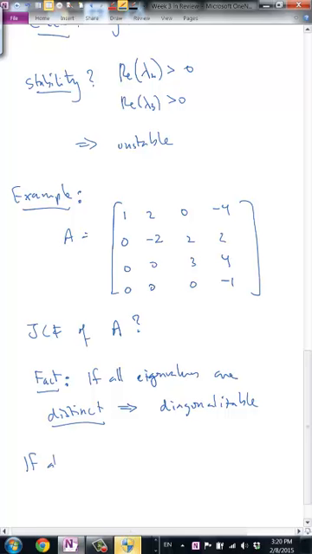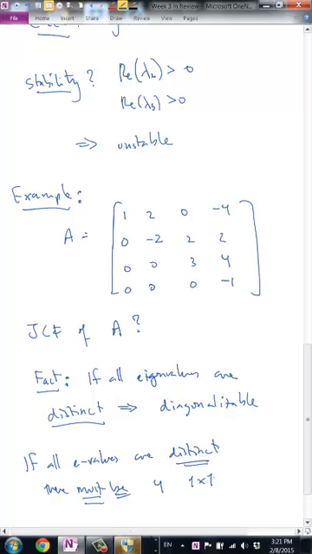Because if all the eigenvalues are distinct, then that means that there must be, for a 4x4 matrix, 4 blocks. Because we know that the eigenvalues are what's on the diagonal of the blocks. And the only way to make 4 blocks for a 4x4 matrix is if they're all 1 by 1, which means that they are, again, diagonalizable.